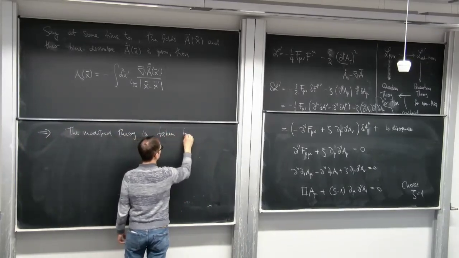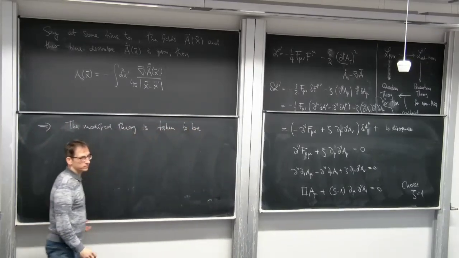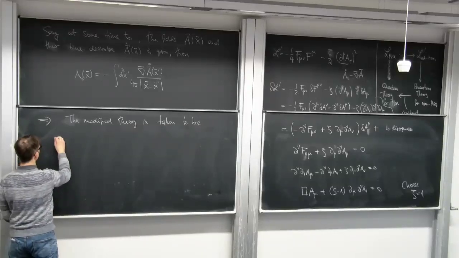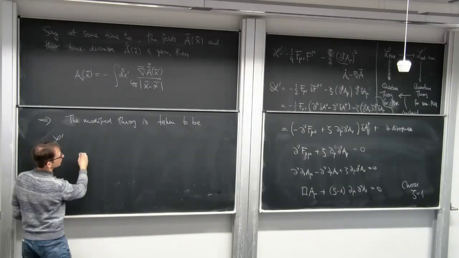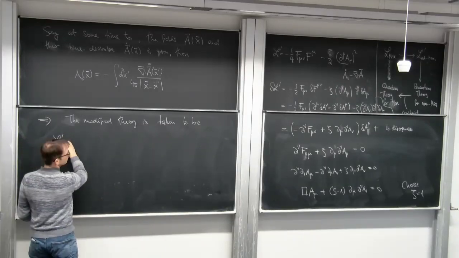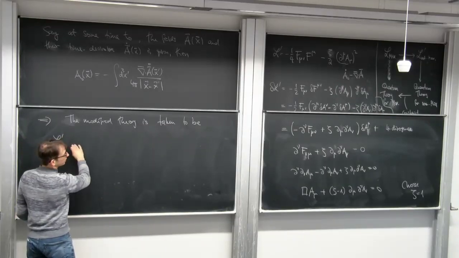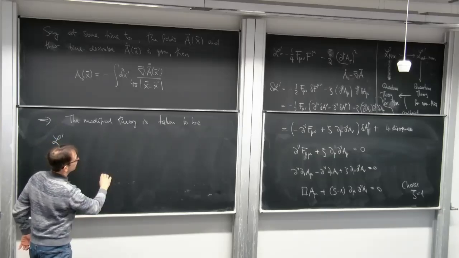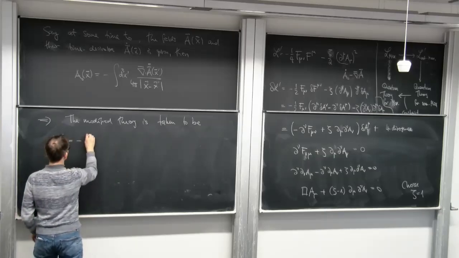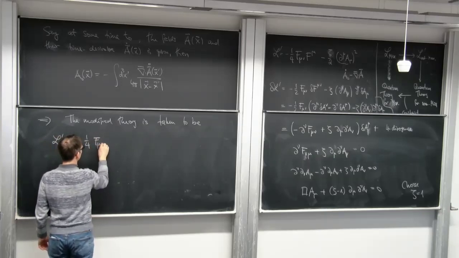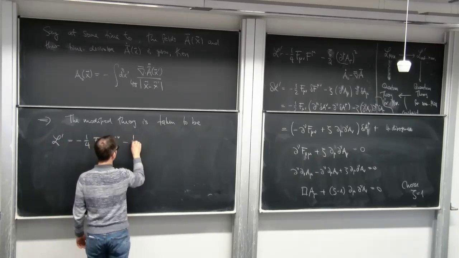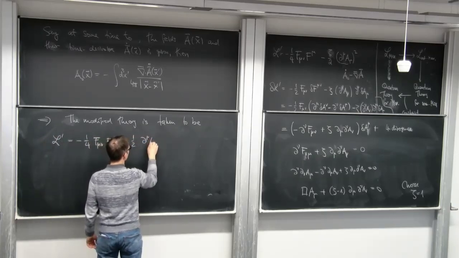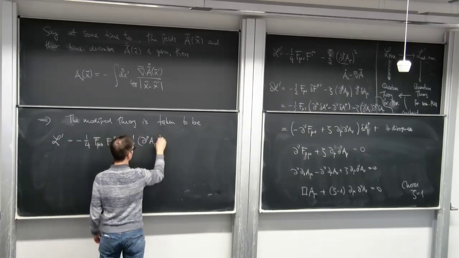Our choice. Nobody forces us. It's just guessing. And people have done this before us, so we know what it looks like. In fact, Fermi did. What's this idea to add this term? So it is minus 1/4 F_μν F^μν minus 1/2 (∂_μ A^μ) squared.